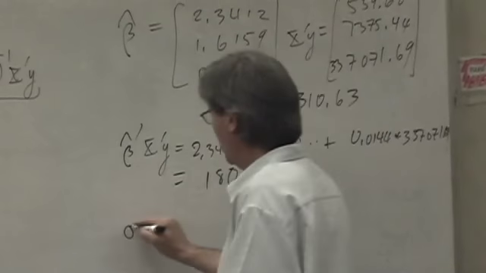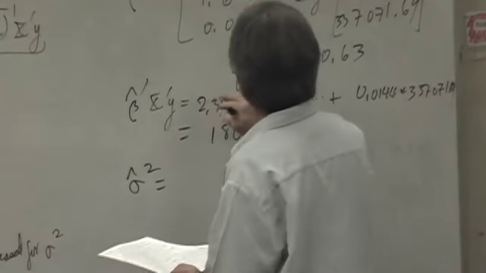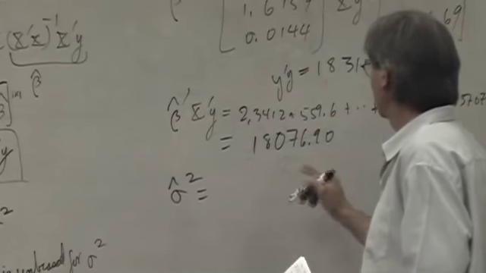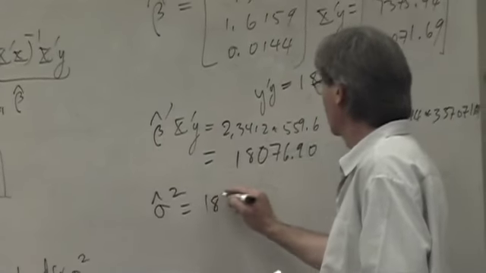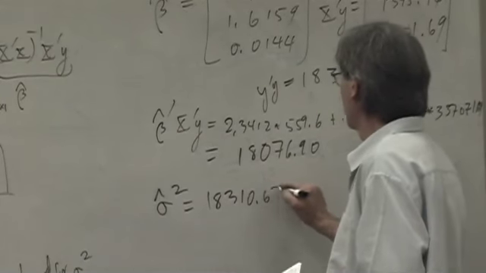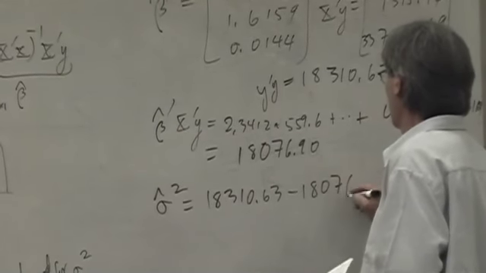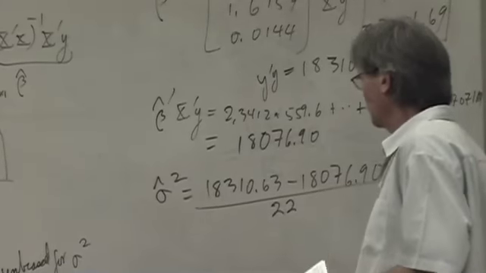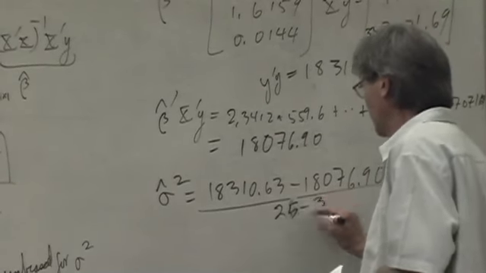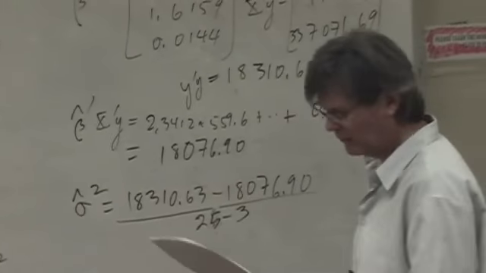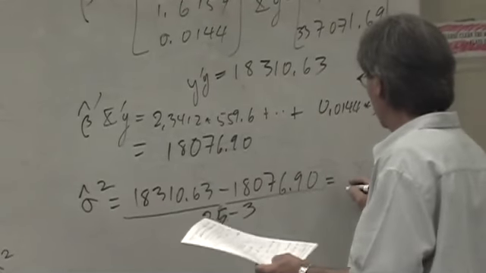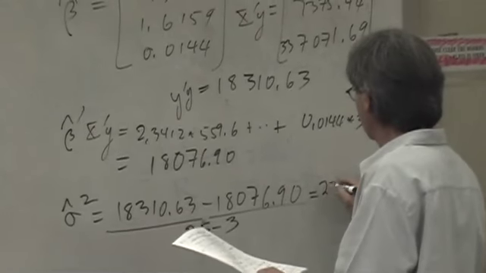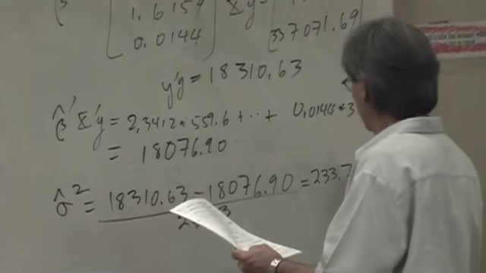And so sigma hat squared is therefore the difference between the 18310 and the 18076, divided by the number of degrees of freedom, which is 22, the 25 minus 3. And so you get the SS res was 233 for the two regressors case, I believe.